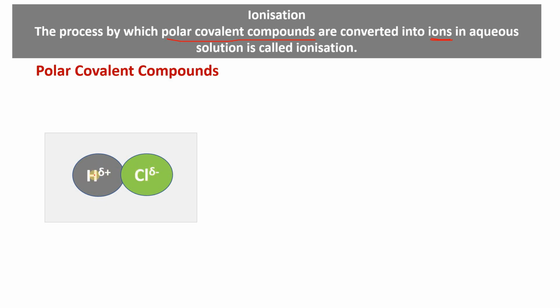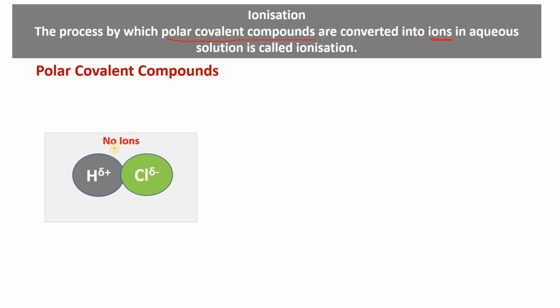But they are not ions. They are atoms which combine with each other by sharing of electrons. And I hope you remember, sharing of electrons does not produce ions. Only transfer of electrons, loss or gain of electrons, produces ions. So here there are no ions.